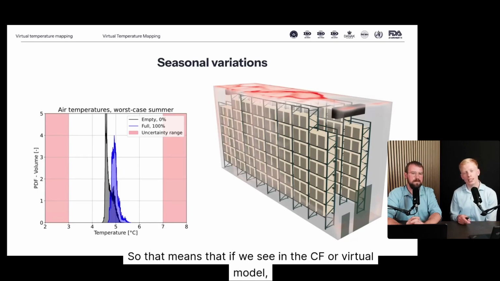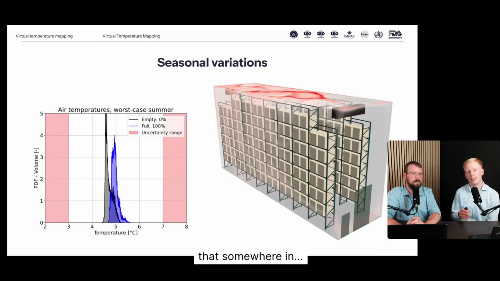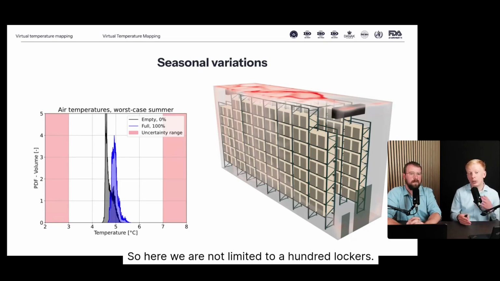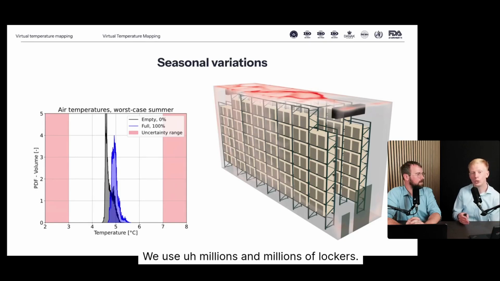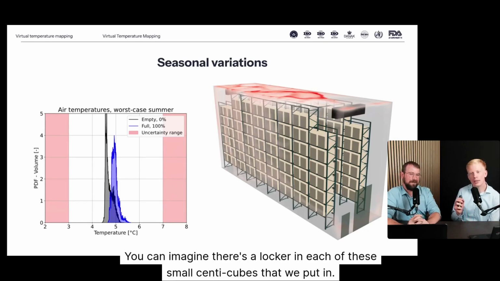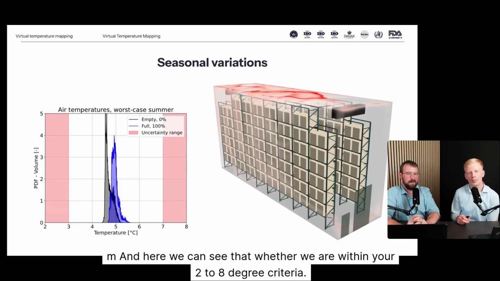So in the CFD or virtual model, we are not limited to 100 loggers. We use millions and millions of loggers, because you can imagine there's a logger in each of these small cells that we put in. And here we can see whether we are within your 2 to 8 degree criteria.